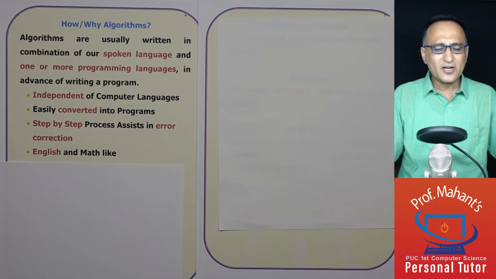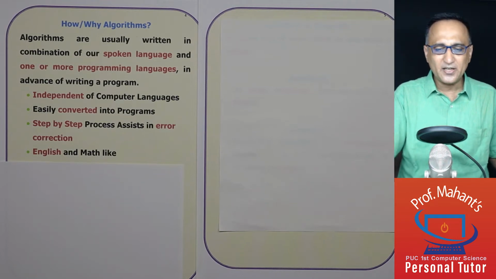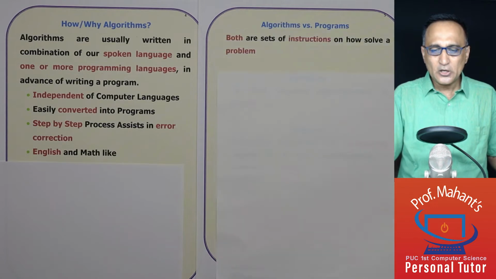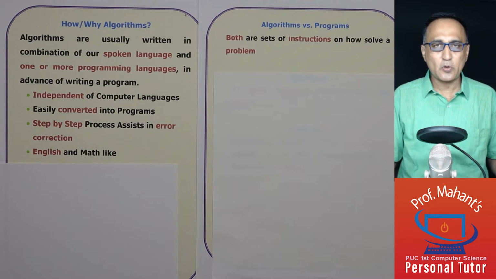The advantage of algorithms is that they are more English-like and use a few mathematical symbols which we shall take a look at shortly. Now, what are the differences between an algorithm and a program? Both are actually instructions or directions on how to solve a problem.